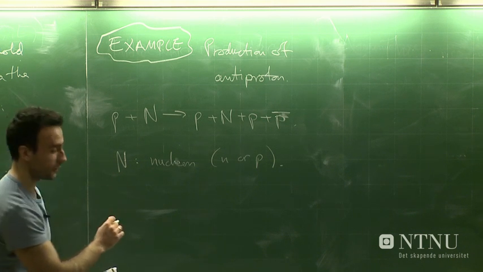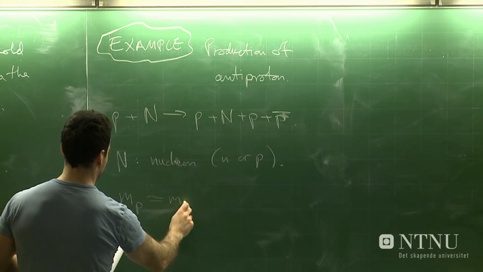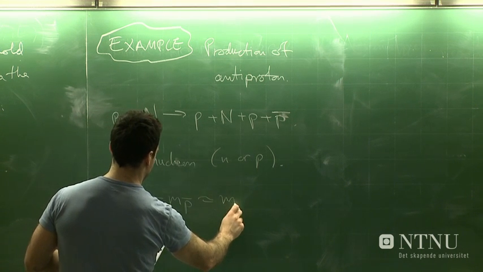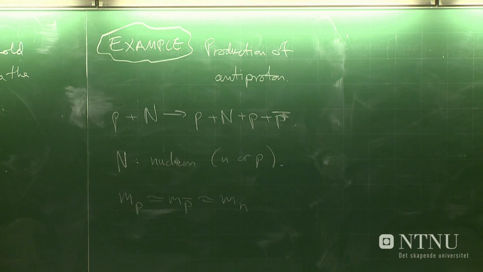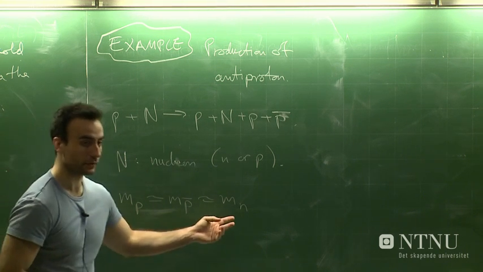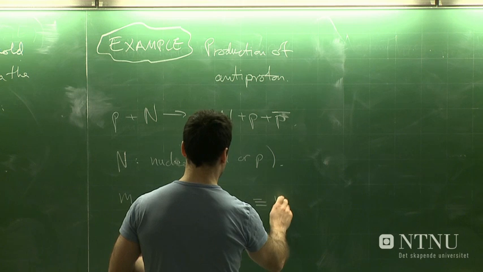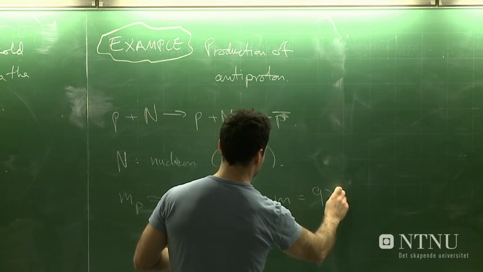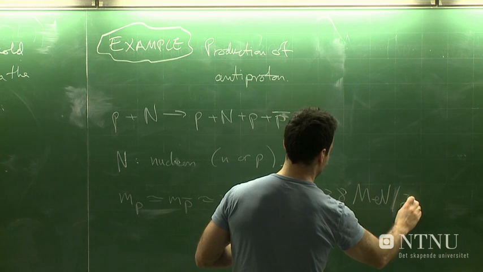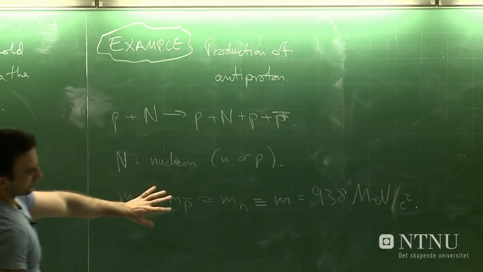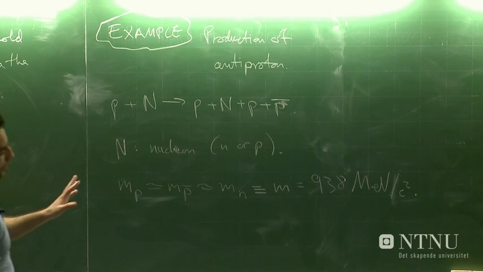So let's have a look at the masses involved here. Well, the masses of the proton and the antiproton are the same, and they're roughly the same as the mass of the neutron. So let's just define the mass of all the involved particles as m, since they're almost the same.